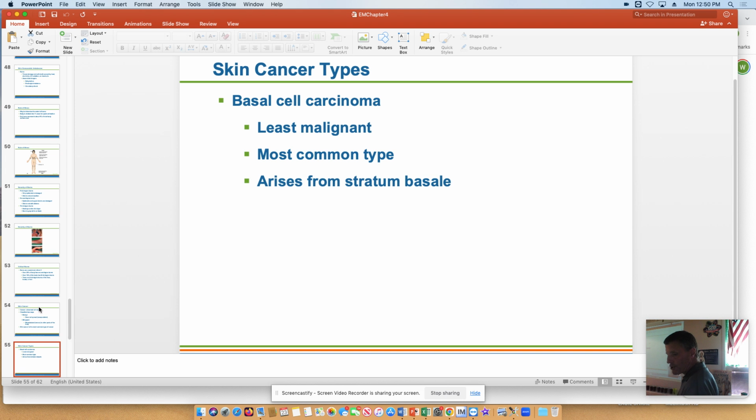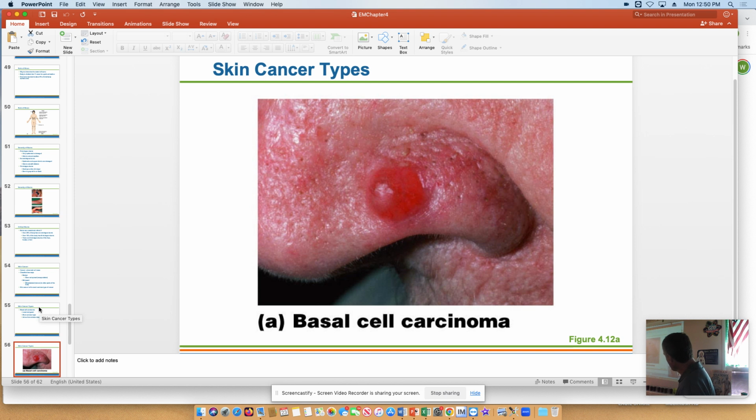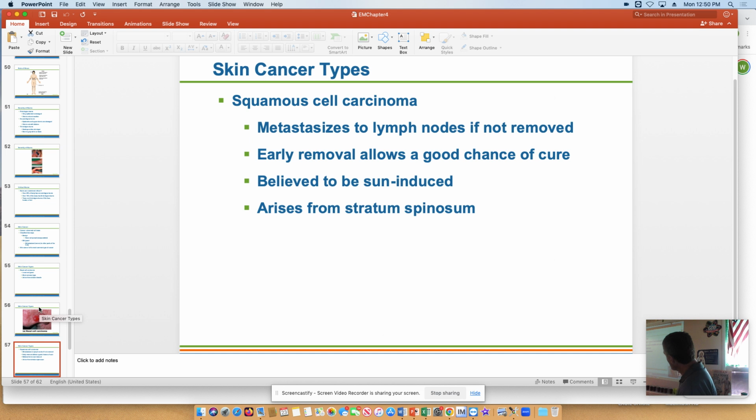Try to get through all three of the major types of skin cancers. Basal cell carcinoma. Okay, so that might be what that looks like. Looks like it's on somebody's nostril there. Little red bump. Okay, squamous cell carcinoma.